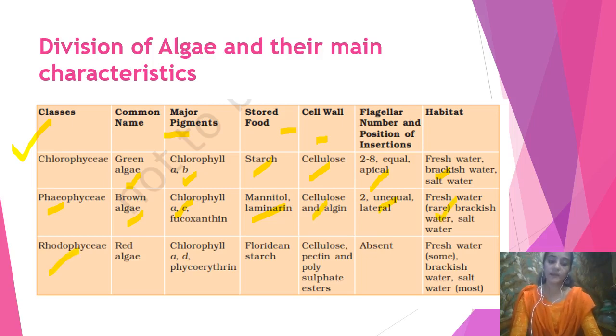Then red algae: pigments are chlorophyll A, D, and phycoerythrin. Stored food material is Floridian starch. Cell wall is made up of cellulose, pectin, and polysulfide esters. Flagella are absent, and their habitat is fresh water, brackish water, salt water. You can learn this one, okay? While studying each and every class, we will detail this one.